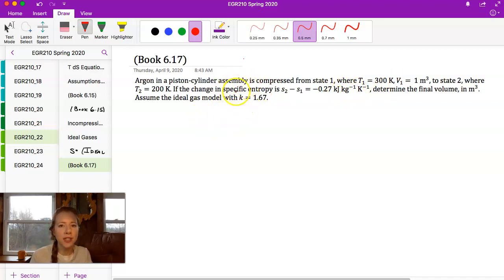If the change in specific entropy, so our delta S, is minus 0.27 kilojoules per kilogram Kelvin, determine the final volume in cubic meters. And so we're going to assume the ideal gas model with k equal to 1.67. So let's begin just by jotting down our givens.